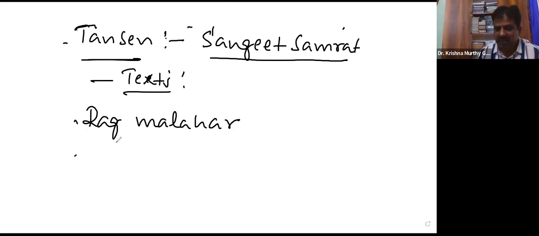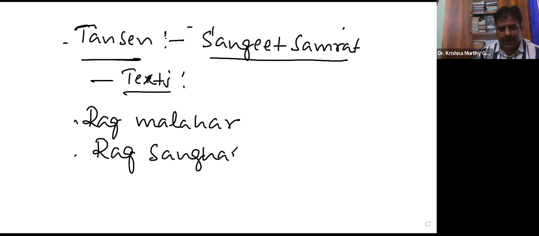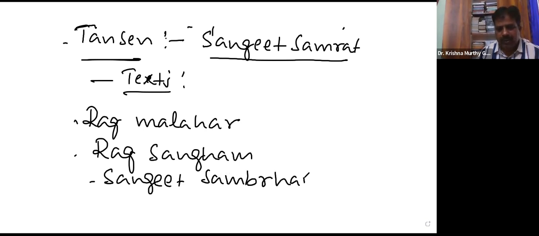First popular text. Okay. Rag Sangam. Okay. Sangeet Sambram. These were the popular texts of Tansen in those days.